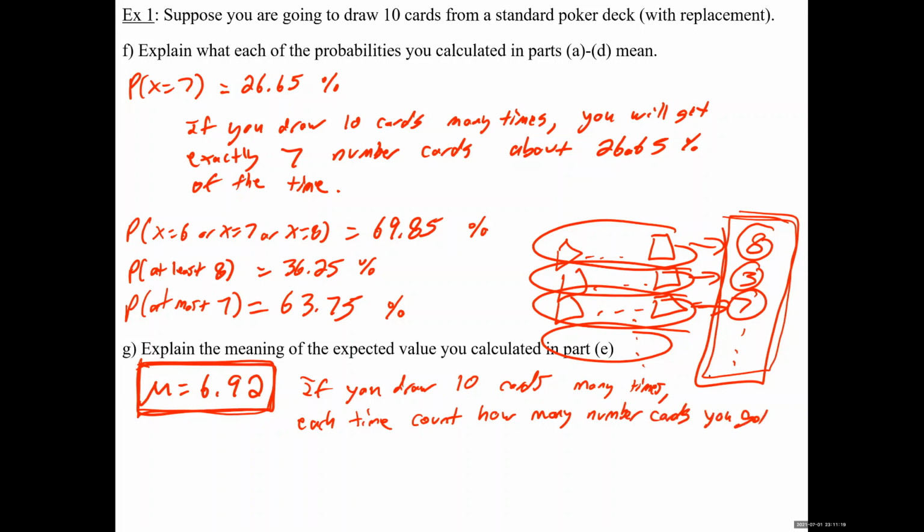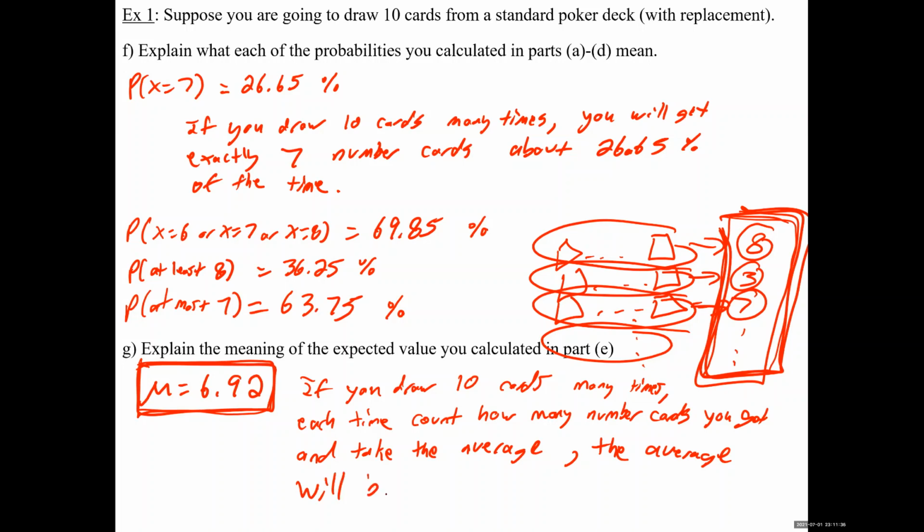So these numbers, and take the average. If you did this 1,000 times, you would have to add all these numbers and divide by 1,000. The average, the answer you get, will be about this number, 6.92.